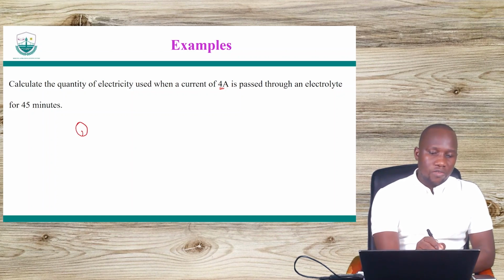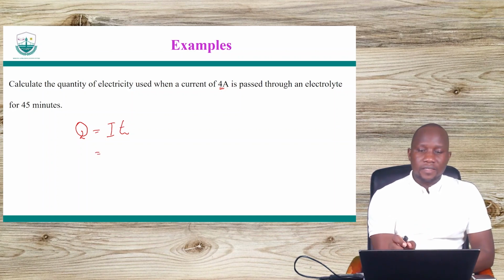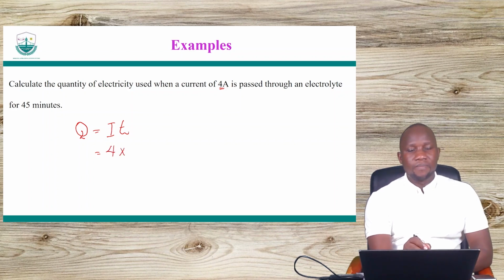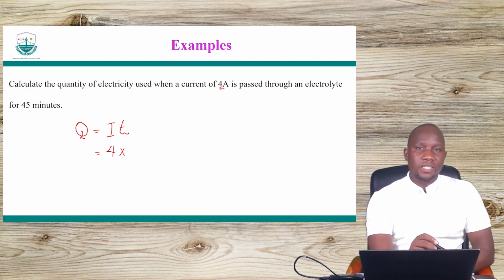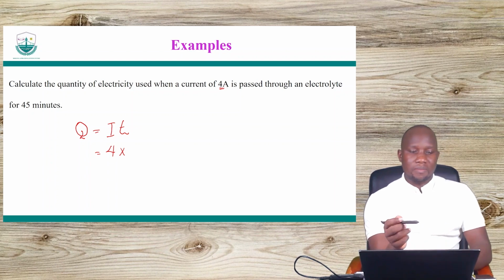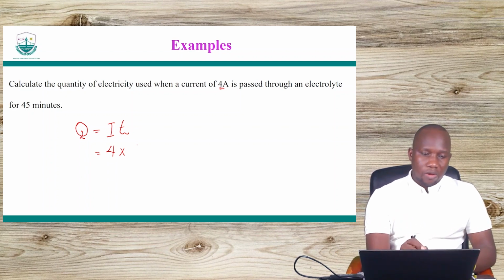The quantity of electricity is equal to I times t. The I is the current, which is 4 amperes, times the time. The time is 45 minutes, but this has to be converted to seconds.